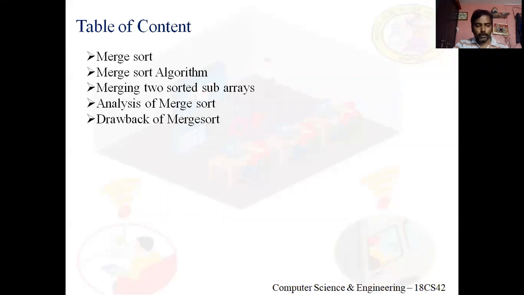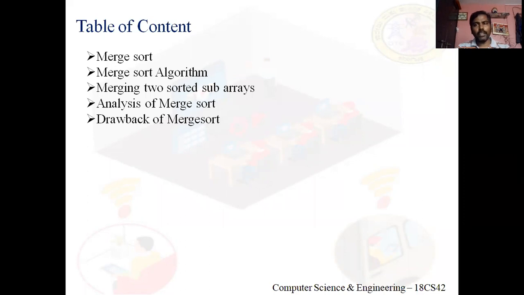Suppose an array to be sorted has more than one element. Then we call that array a larger instance. In that case, I need to divide the array into two subarrays. Clear?